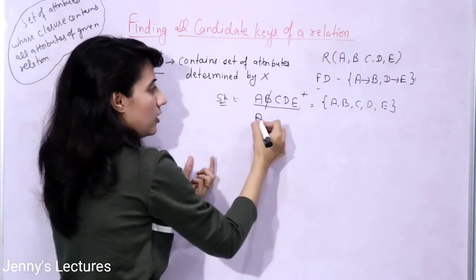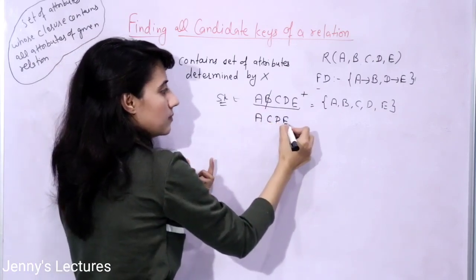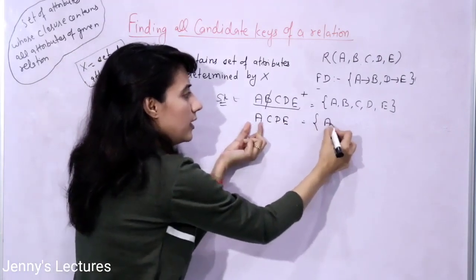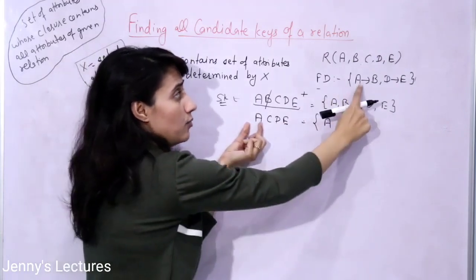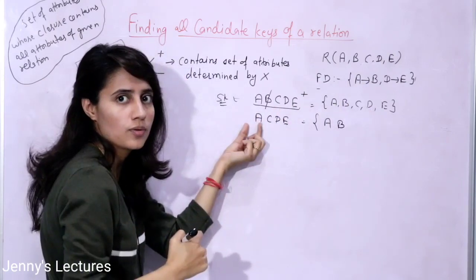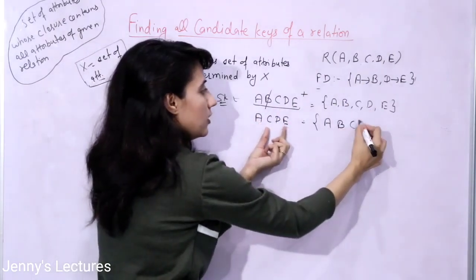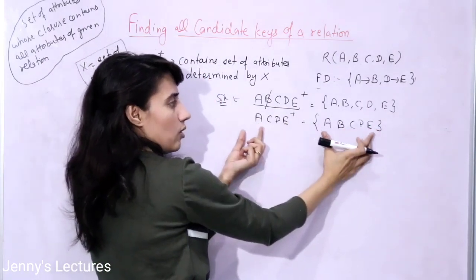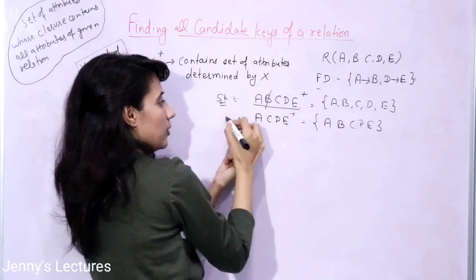Yes. Can I write only A, C, D, E? Because using A you can determine A itself, and with the help of this dependency using A you can determine B also, and C, D, E we already have. So the closure of this also contains all the attributes, so this is still a super key.